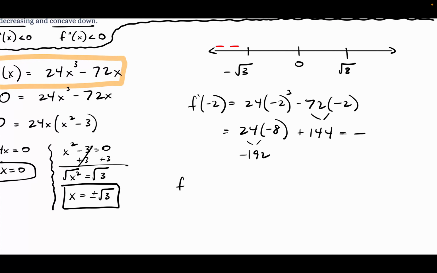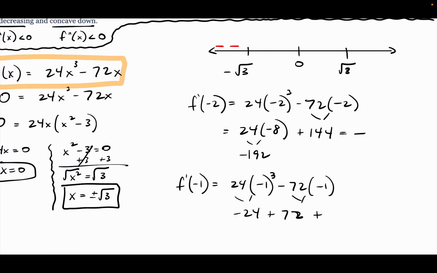Okay, between negative 1 and 0. So this is going to be negative 24 plus 72, which is positive, 40 something. Okay.